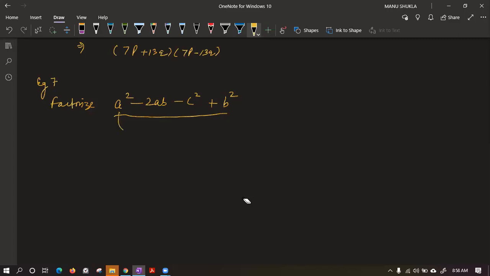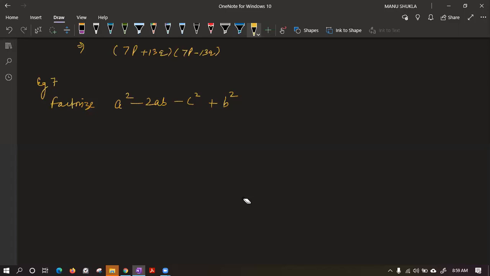If you regroup like this and this, it will not be helpful, not helpful at all. Sorry, this regrouping will not work. We will try to see which group will work. Let us see. Is there any formula you are able to see in this case? Is there any identity you are seeing? Okay, the fourth one will work.